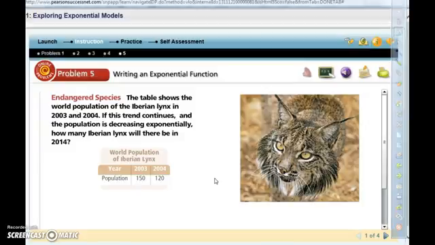For an exponential function, the table shows the world population of Iran from 2003 to 2004. If this trend continues and the population is decreasing exponentially, how many will there be in 2014? Okay, so we need to figure out how fast is that happening. So remember the exponential is about how much we're multiplying by.